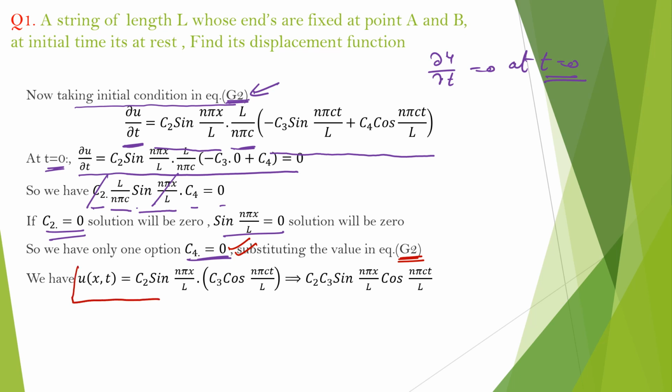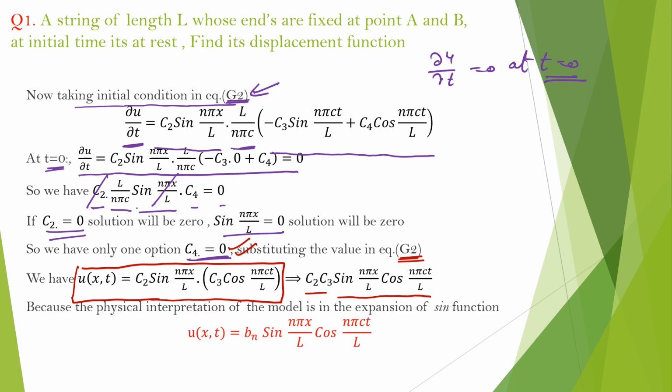u(x,t) is equal to C2 sin n pi x by L into C3 cos n pi ct by L. So the new solution is C2 into C3 sin n pi x by L cos n pi ct by L. The physical interpretation of the method is in the expansion of the sine function.